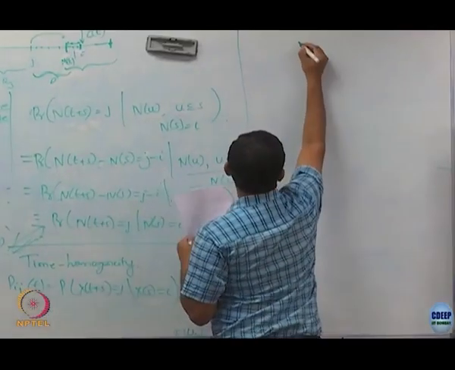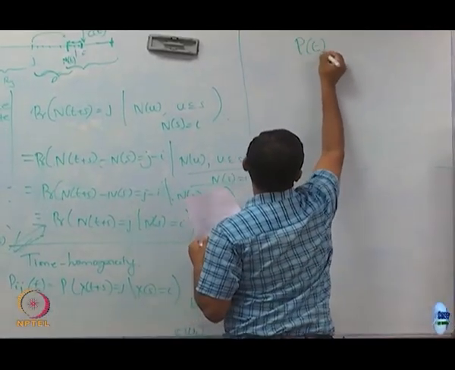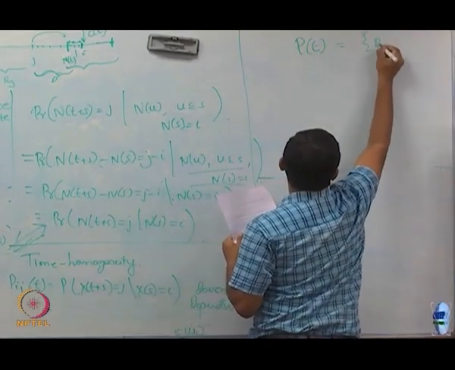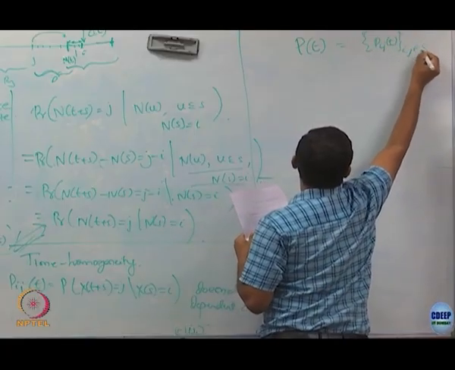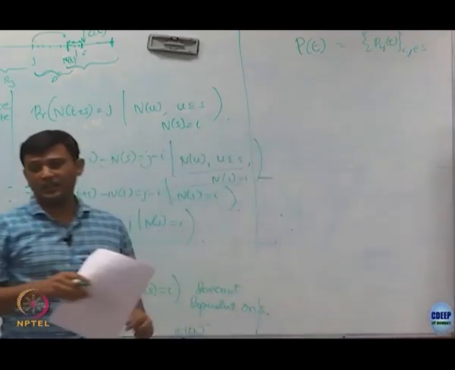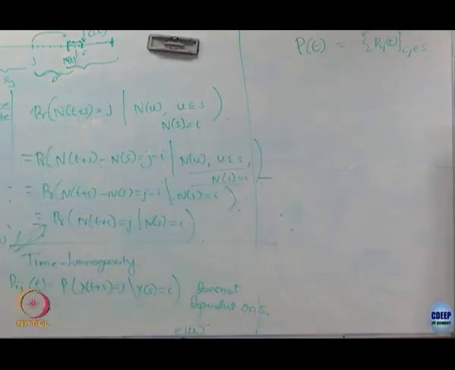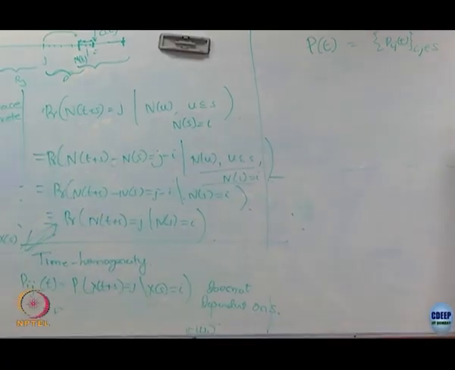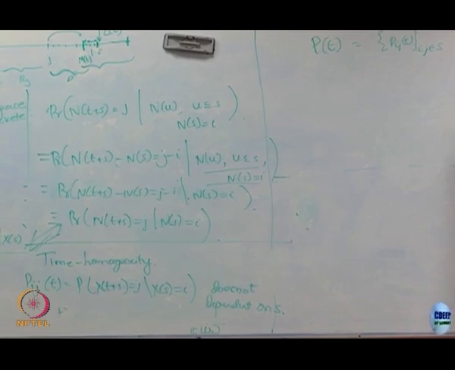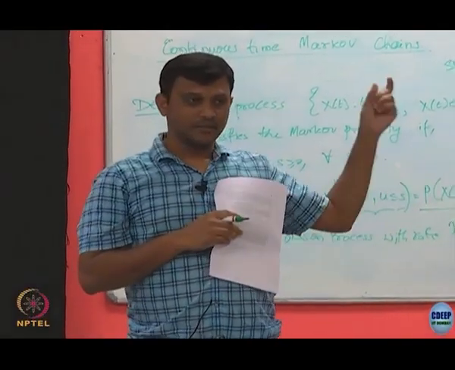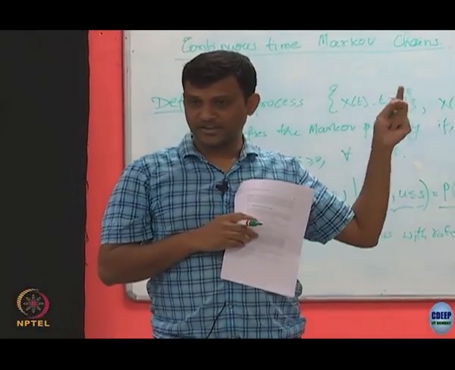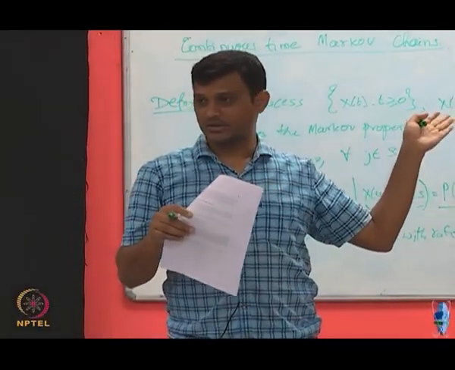Now we are going to denote p of t to be p_ij of t. So all this collection of probabilities for every state i and j for a given t, I am going to denote by P of t. Is my capital P of t a stochastic matrix?